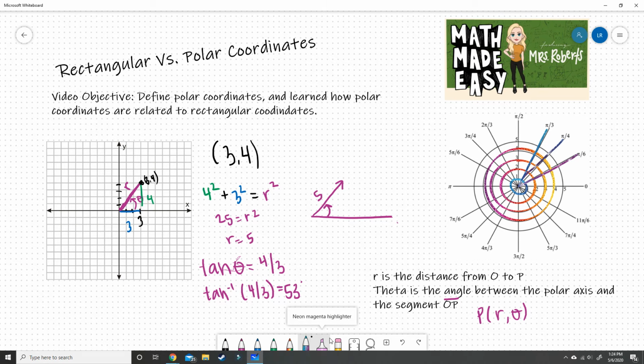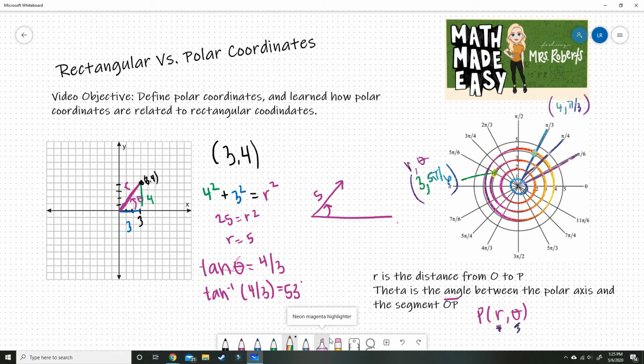So this point right here in the polar coordinate system, I could write as 4, comma, pi over 3, because I have my r and then my theta. That point there I could write as 3, comma, 5 pi over 6, because I have my r and then I have my theta.